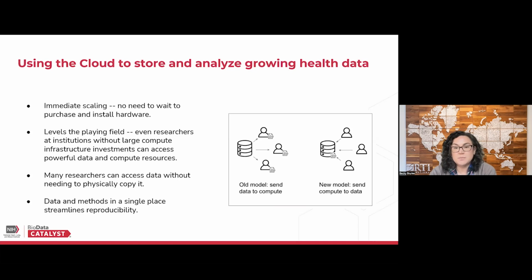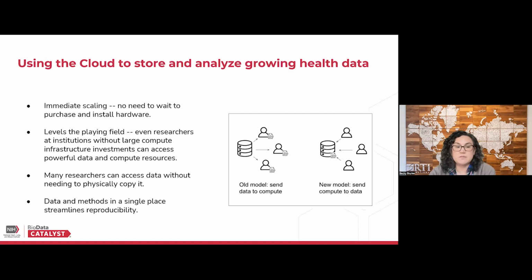So again, I'm going to breeze through this quickly, but what is novel about using a cloud approach like this is that it immediately scales. You don't have to wait. You don't have to worry about purchasing hardware or compute. Our goal is to really try and level the playing field across researchers and research institutions, whether they have supercomputing centers, bioinformaticians or not.